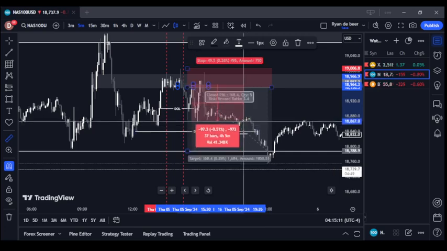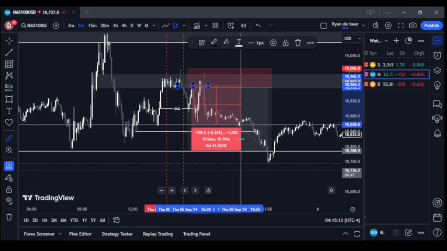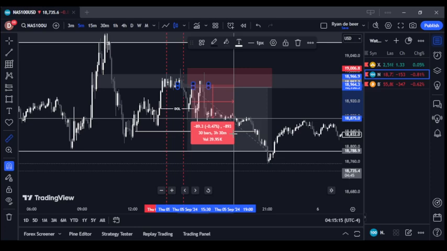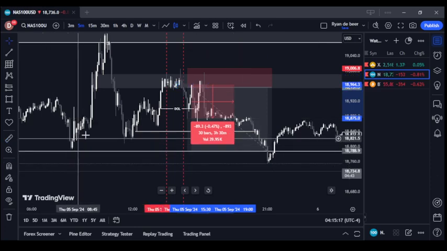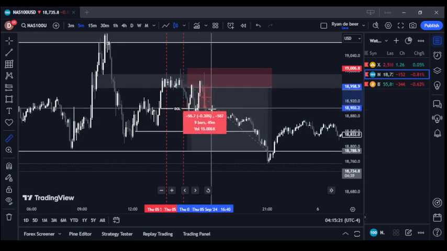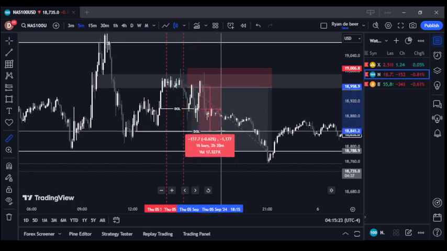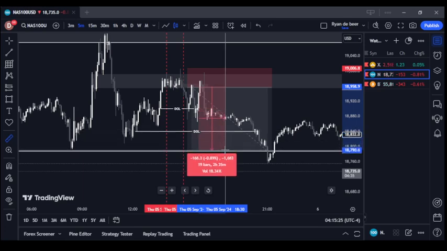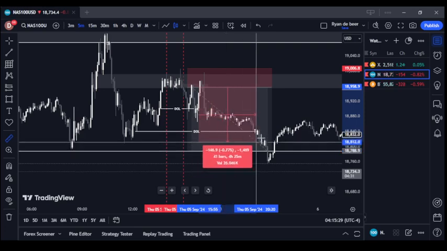Sorry, I don't know why my laptop's freezing now. Excuse me, guys. Oh, that's why, I got my magnet on. That's why I hate that thing. Let me switch it off. It's about 117 points, and then from entry to take profit 3 is 368 points.